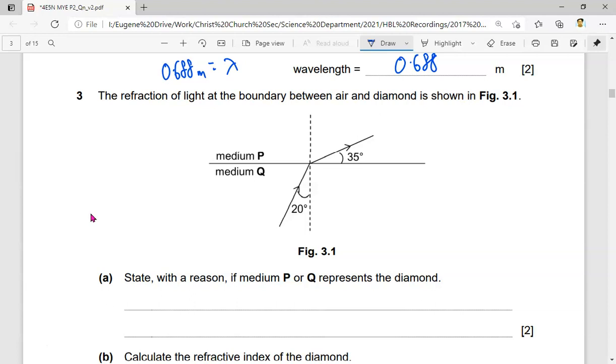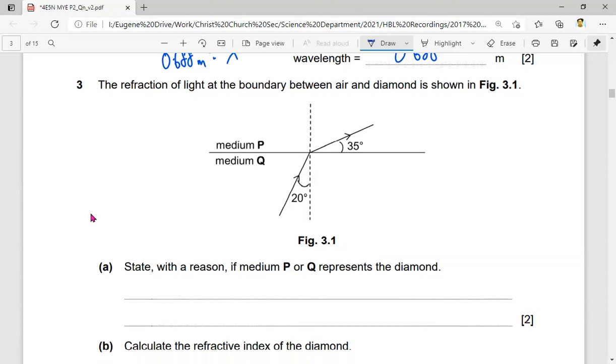Question 3. The refraction of light at the boundary between air and diamond is shown in figure 3.1. It's over here. Take note, this is medium P, medium Q, whereas they say it's air and diamond. Before we start any question on light, you must always ask yourself, are the angles given the correct angles?